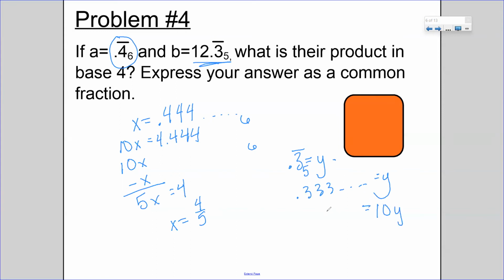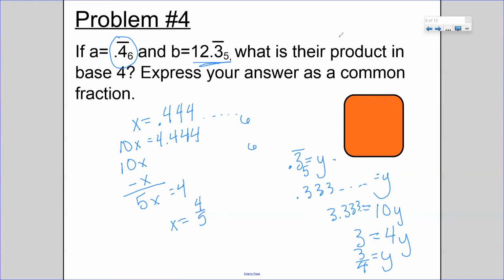But that doesn't concern us, because we're multiplying still. So that becomes 3.333. And now we get 3 equals 4y, because 5 minus 1 gives us 4, and therefore y is equal to 3/4.